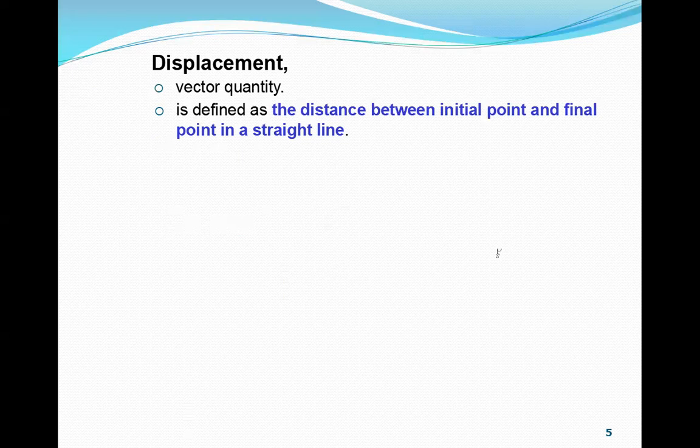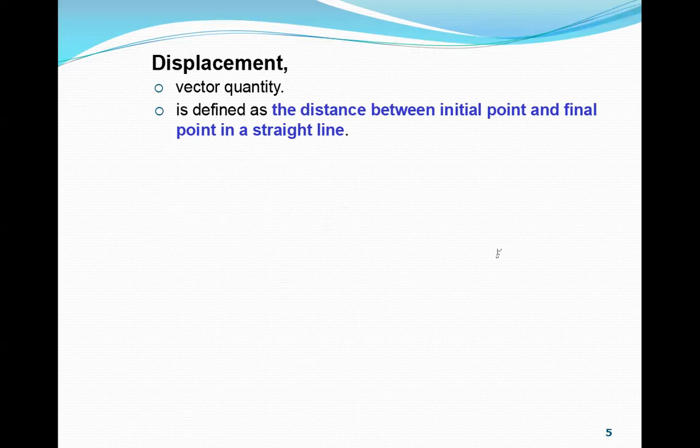When we say the distance from A to B, the examiner means they want to explain the displacement, not the distance. When we involve a direction in a distance, that time distance converts to displacement.